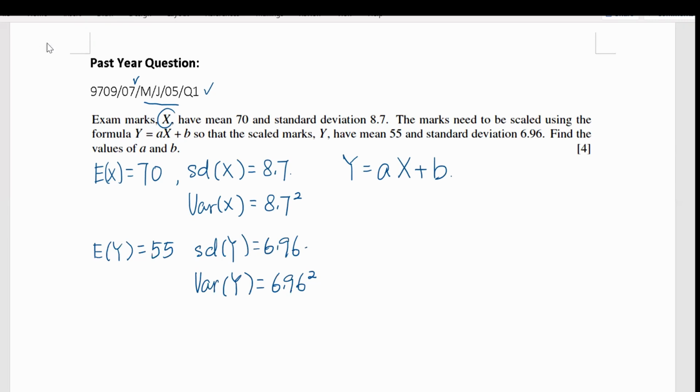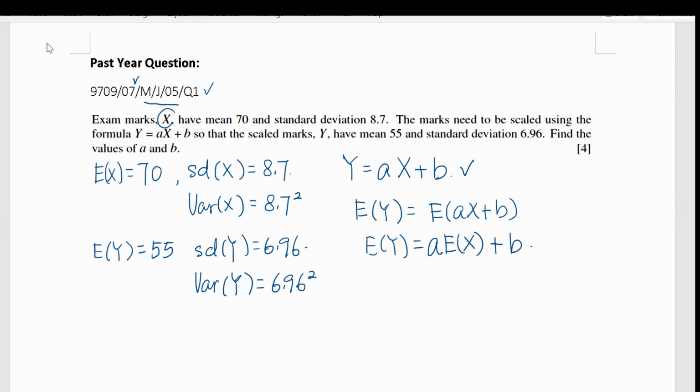All right. Using the formula Y equals aX plus b, if I'm going to find the mean of Y, it will be written as the mean of aX plus b. The constant can be written aside, then a E of X plus b.